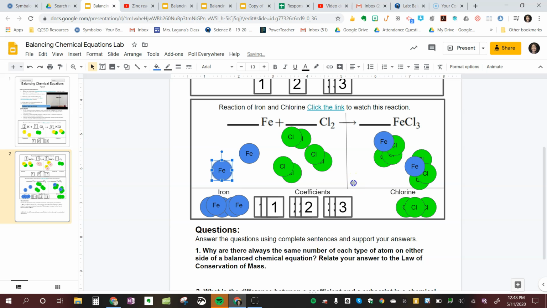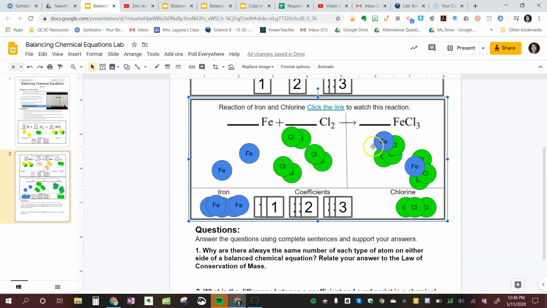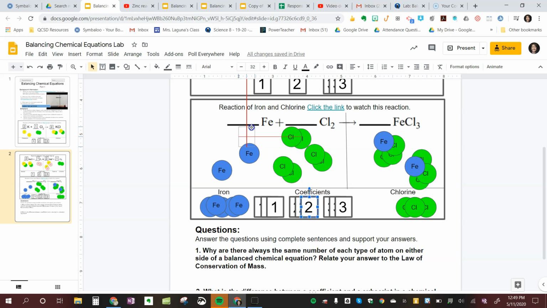Now let's just double check. 2 iron on the left and 2 iron on the right. 6 chlorine atoms on the left and 6 chlorine atoms on the right. So let's put in our coefficients. A 2. Careful on this next one. A 3. 3 groups of Cl2. And a 2. You got it.